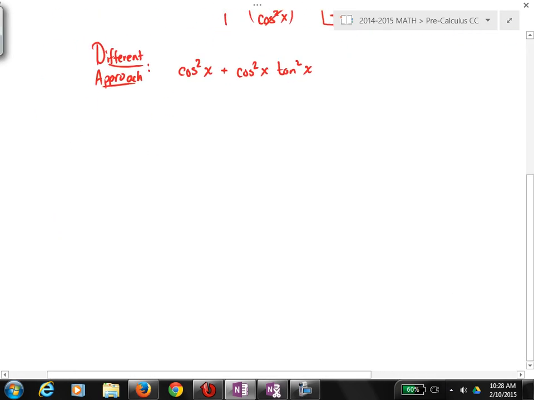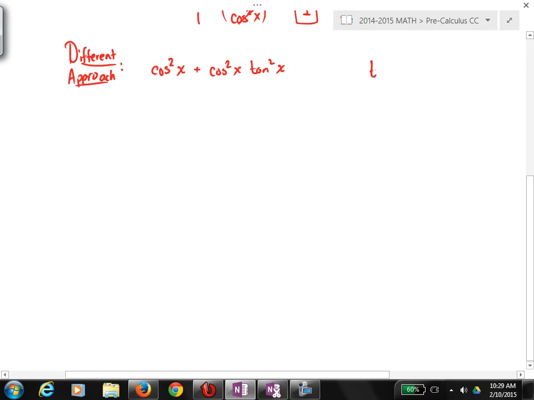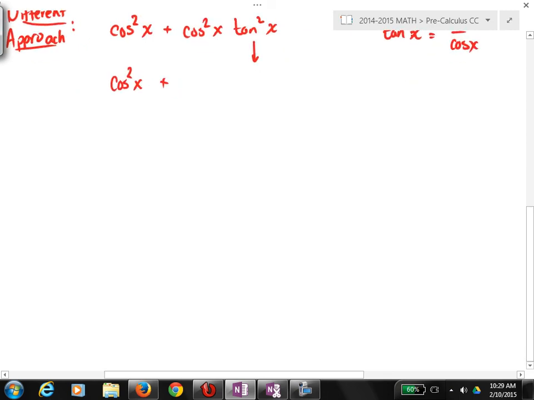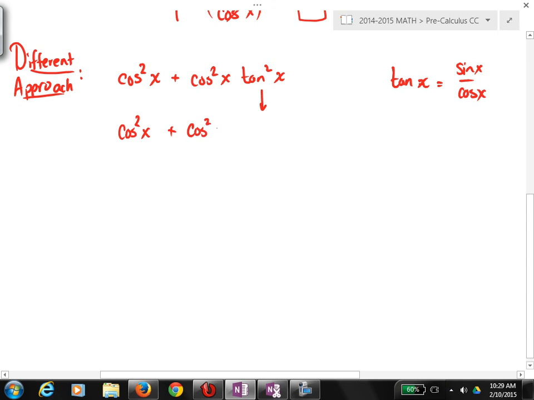But on this different approach, what I'm going to do is, I had mentioned that tangent of x was, again, sine of x over cosine of x. Well, somebody might say, let me start off by replacing that tangent. Cosine squared of x plus cosine squared of x times, instead of tangent, I'm going to rewrite it as sine squared of x over cosine squared of x. Now here, what do you notice about the cosine squares on this term right here?